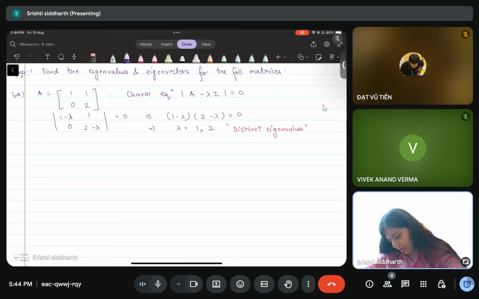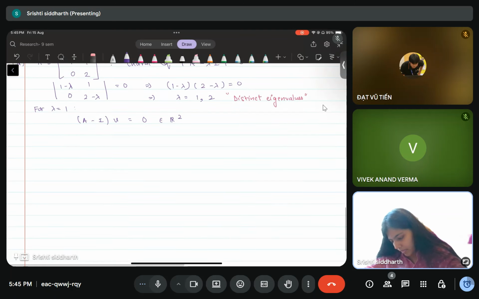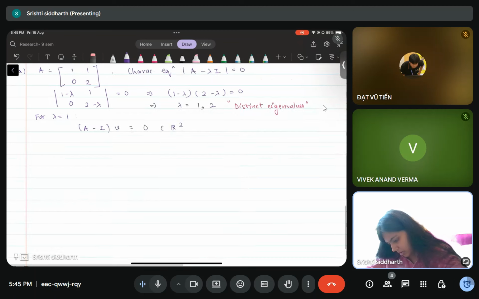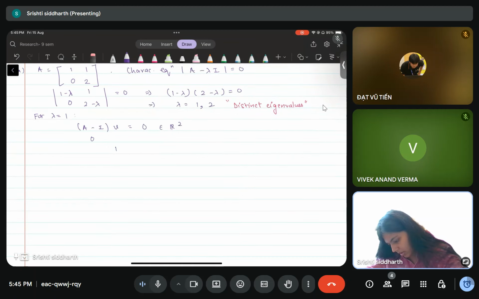So let's see for lambda equals 1. A minus I acting on v equals 0. This is in R2. So this becomes the matrix with 0 and 1, which is simply v2 equals 0 and v1 can be anything, any constant.